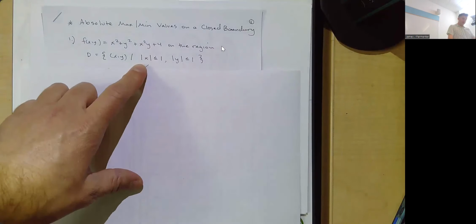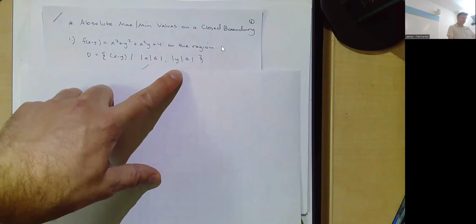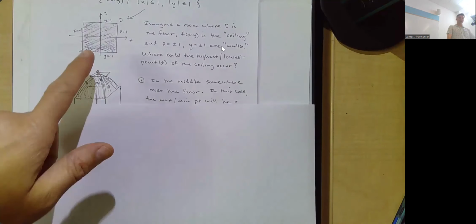So here's the point I want to make before we do this problem. On this region, x between -1 and 1, y between -1 and 1, which looks like a square, I'm going to imagine that square is like the floor of my house. And the roof of my house is the surface. The roof of my house might look like that, where the absolute maximum is somewhere in the middle. And the absolute minimum, actually, all of the edges give me an absolute minimum here. It's kind of annoying. You can have more than one absolute minimum. Here, this one would actually have an infinite number of absolute minima, because each point on all 4 edges is an absolute minimum.